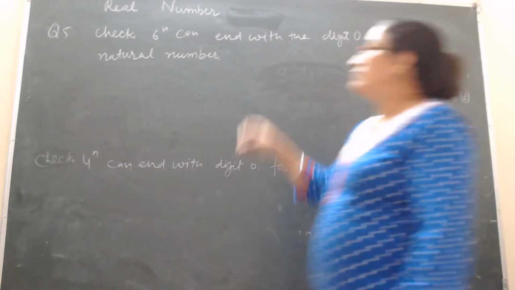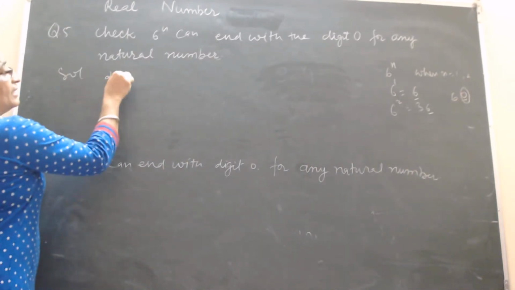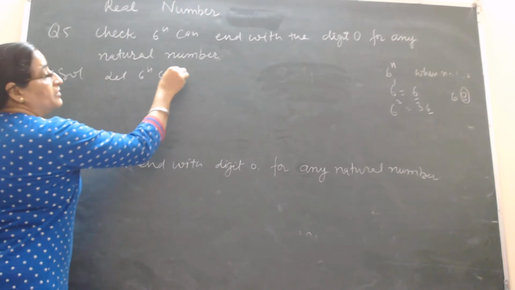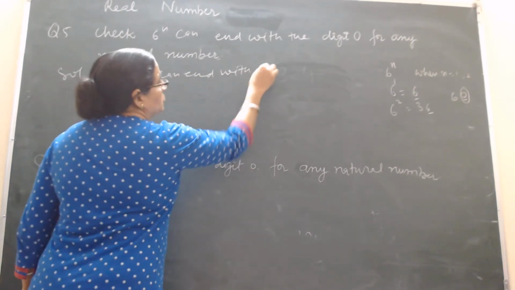So let us suppose that 6 raised to power n can end with digit 0.